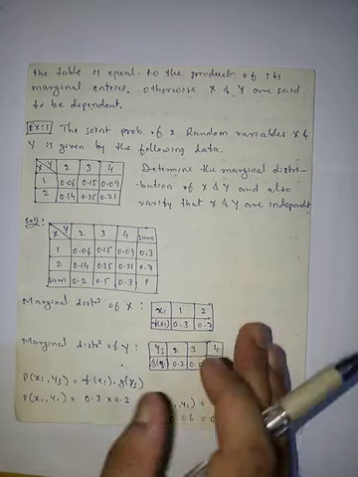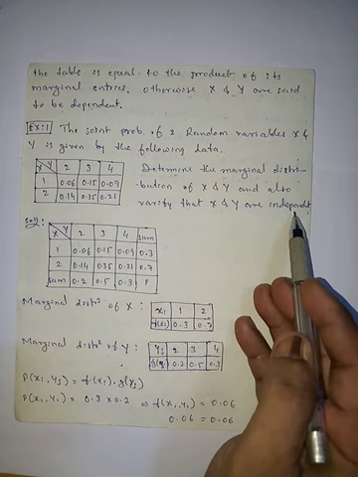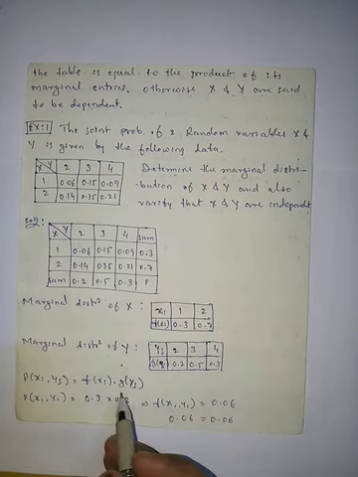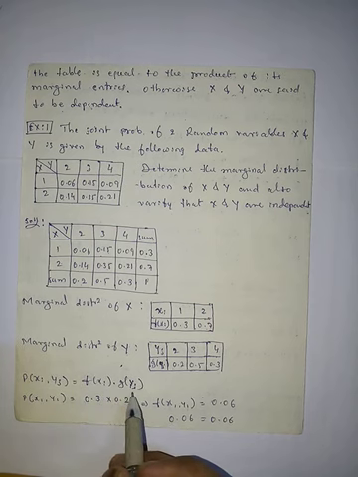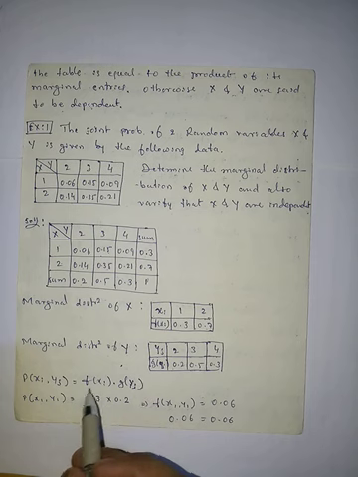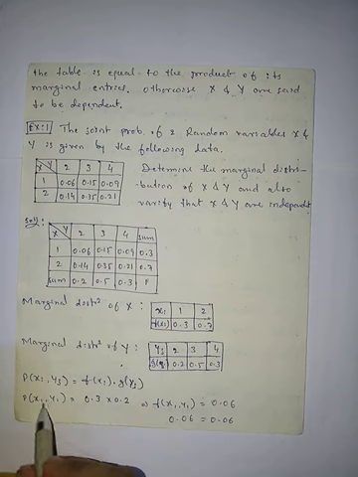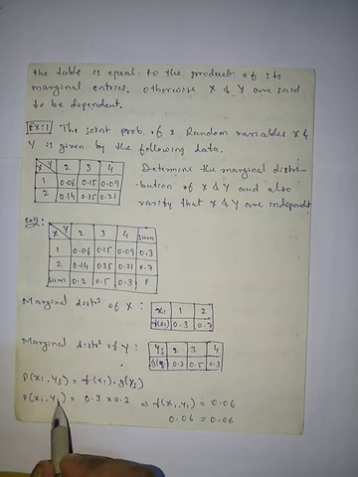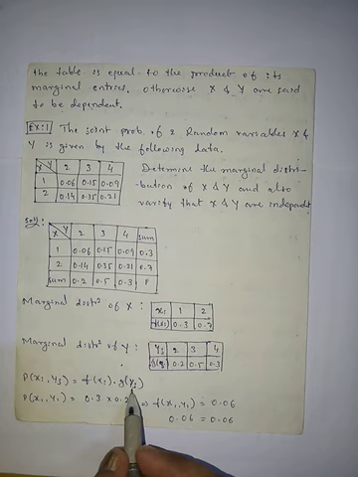Now we have to verify whether x and y are independent or not. Here p of x_i, y_j equals f of x_i into g of y_j. This is the general one. Now I take i equal to 1 and j equal to 1, that is f of x1 and g of y1.